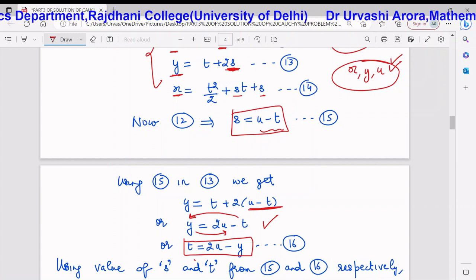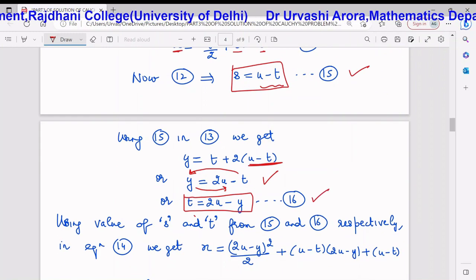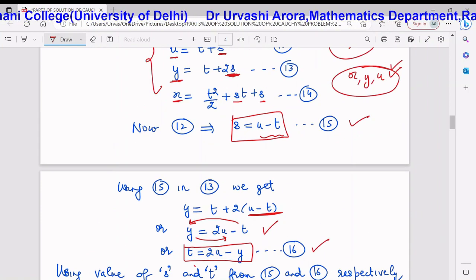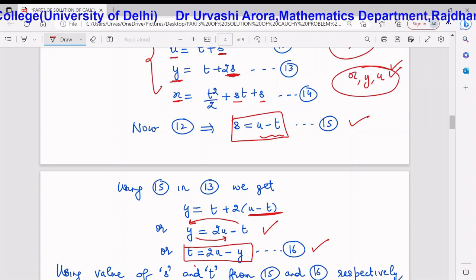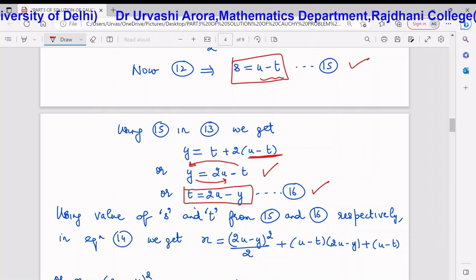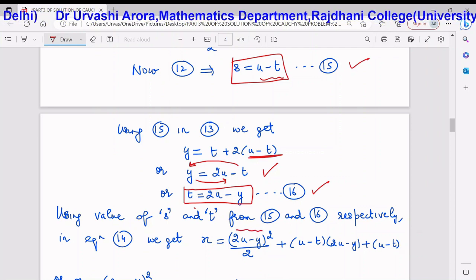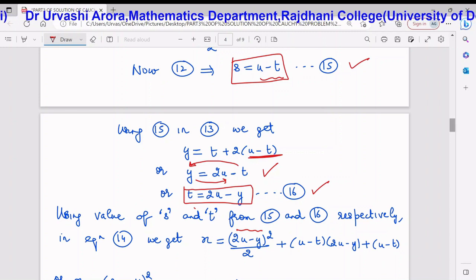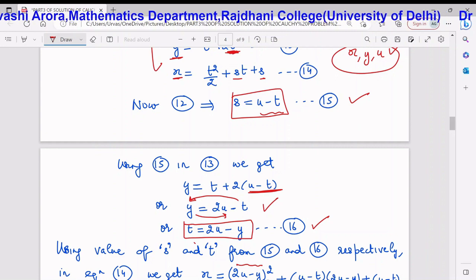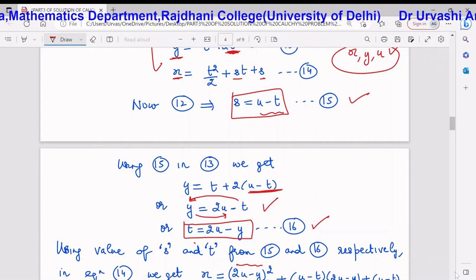And now you have to use these two values of s and t, which we have calculated in 15 and 16, in x, which is t square by 2 plus st plus s. So, I use it over here. x is equal to 2u minus y whole square, this is the value of t that I have substituted, by 2 plus st, where this is the value of s and this is the value of t, plus s, this is the value of s.